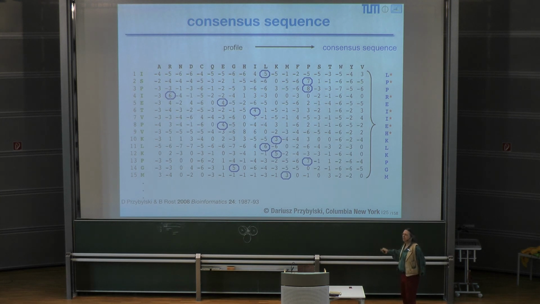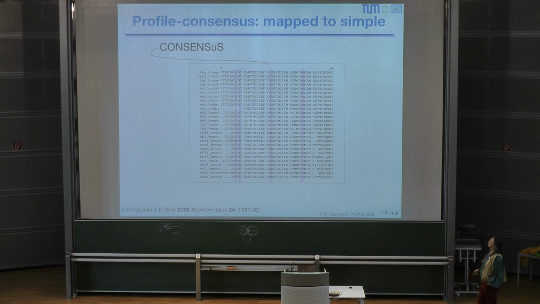So compatible with the substitution matrix, what I see is conserved in that substitution matrix, and then I write out these star residues. Okay? And then when I come with my new sequence, I in fact don't align it against a profile. Instead I align it against a consensus sequence, which is just another sequence, and it means that I do something like just another pairwise alignment.